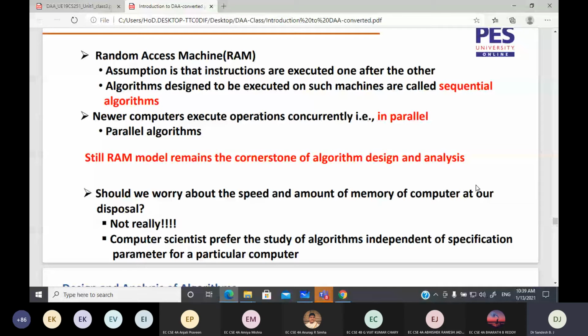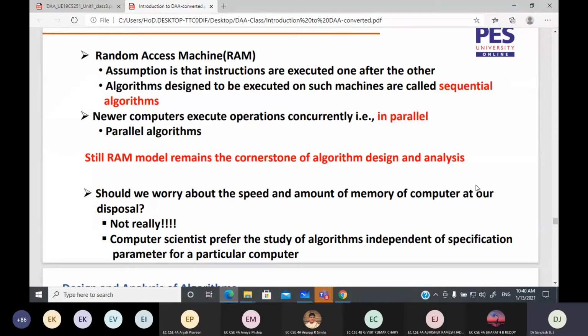There are newer computers which execute instructions concurrently. Such algorithms are called parallel algorithms, and there are systems which run these instructions in parallel. But most of the time when we design an algorithm, the RAM model is preferable.